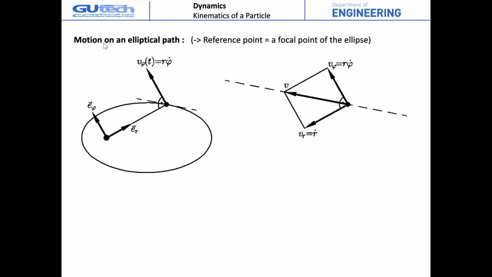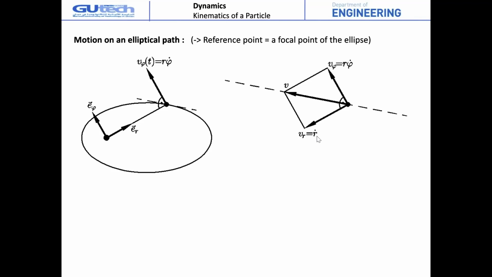Now if we take motion on an elliptic path, the reference point will be a focal point of the ellipse. Then we have v phi, which is r phi dot along the phi direction, and we have the radial component vr, which is r dot.